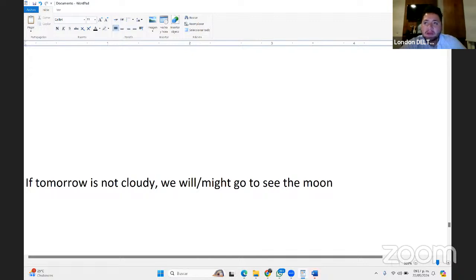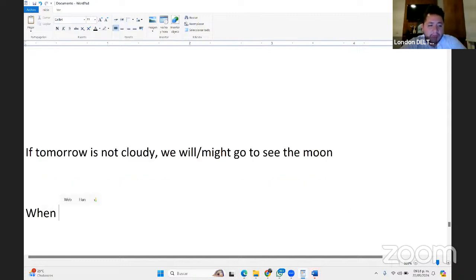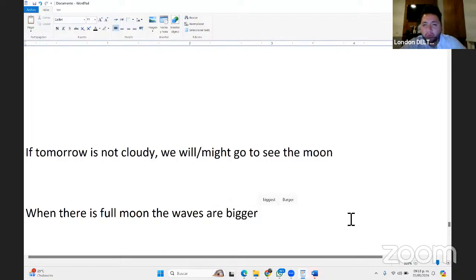When you describe real stuff and natural laws, common sense situations, you use the zero conditional. For example, we could say, in some situations, when there is full moon, the waves are bigger, right?